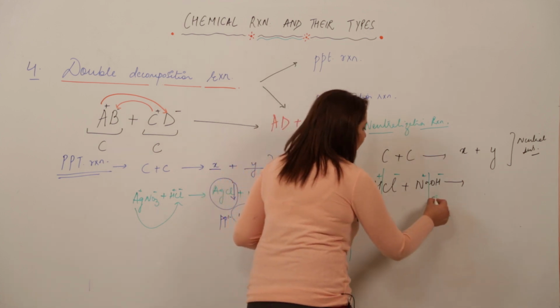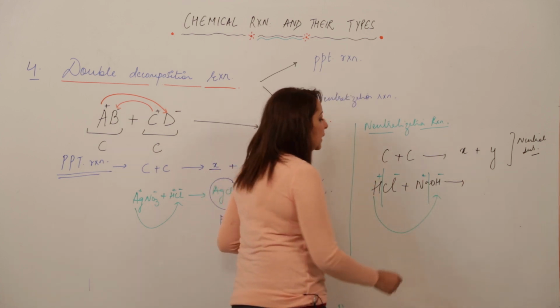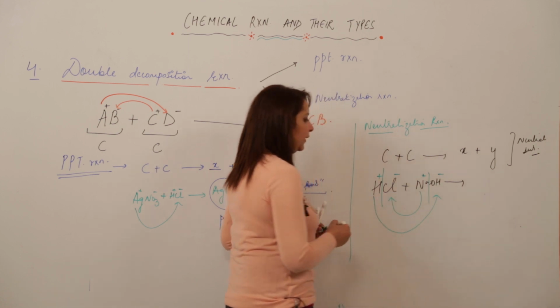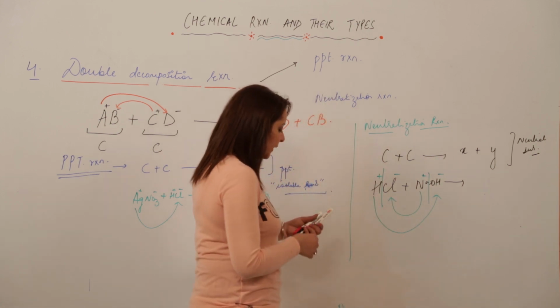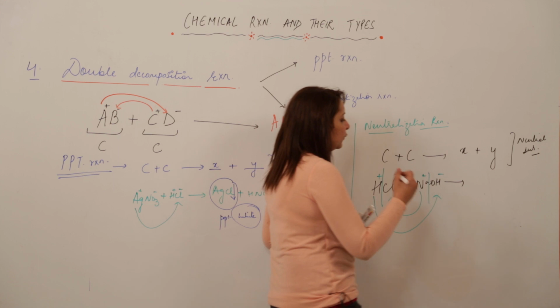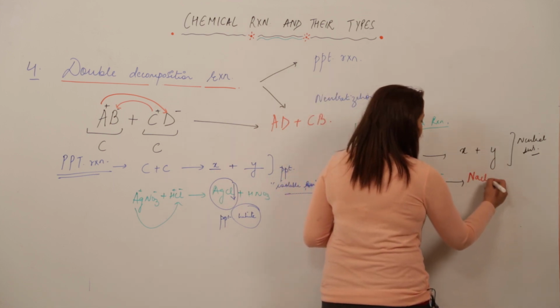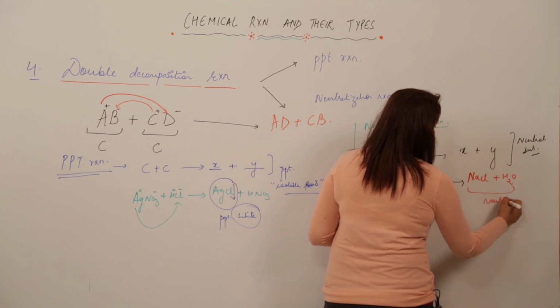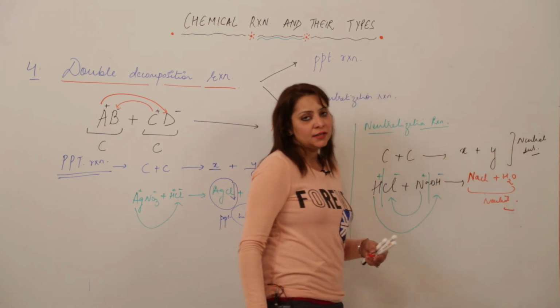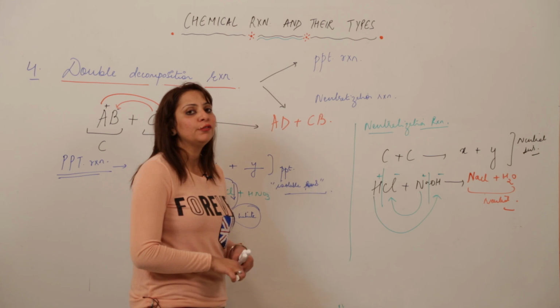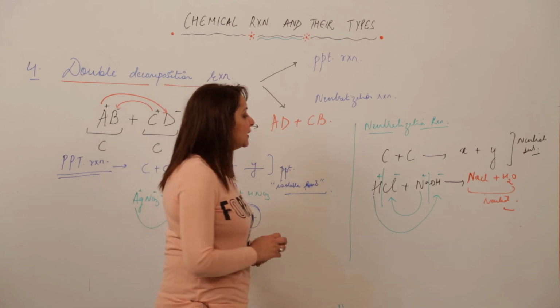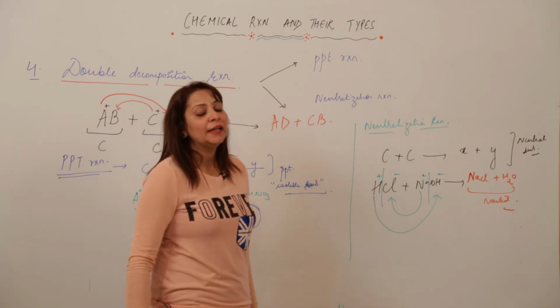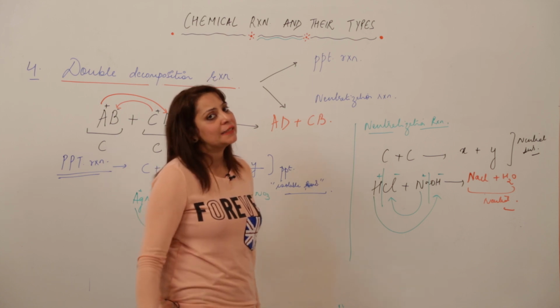This positive part will react with this negative part, and this positive will react with this negative part. So what product will we get? We will get NaCl plus H2O. This is a neutral substance. That means this forms a subcategory of neutralization reaction. A double decomposition is also occurring, and it leads to the formation of a neutral substance as well.